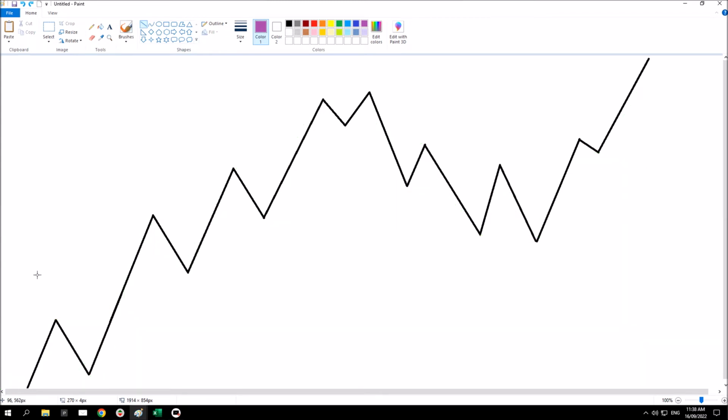So you can see, just quickly, you mark the highs as price moves higher, then you mark the lows as price moves lower, and you let the price action tell you what's happening.